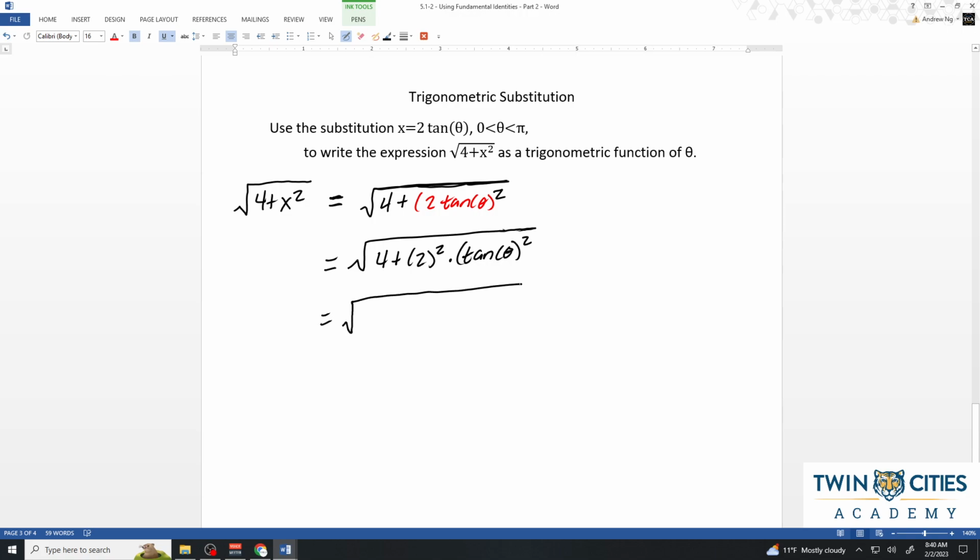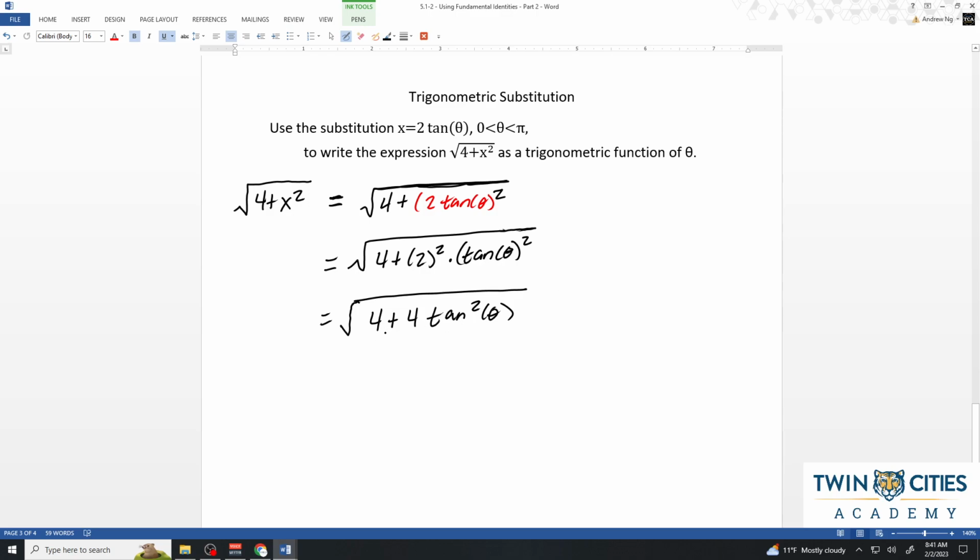So this is now 4 plus 2 squared, which is 4, times tangent squared of theta. Okay, now on the inside of this, I've got 4 plus 4 tangent squared.